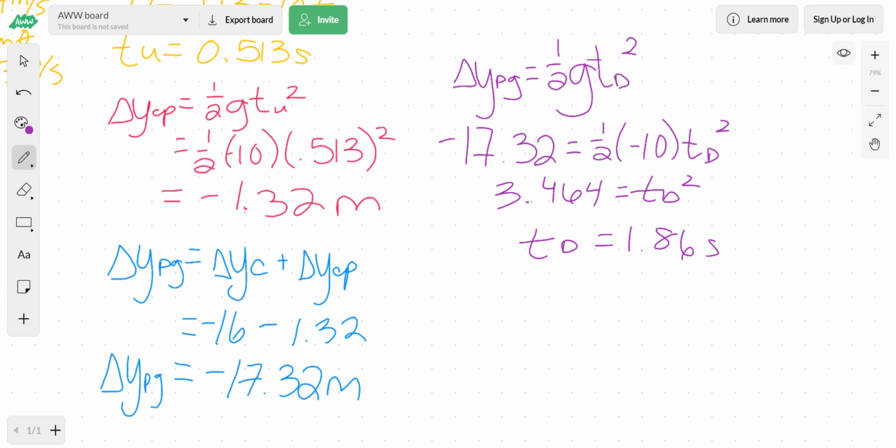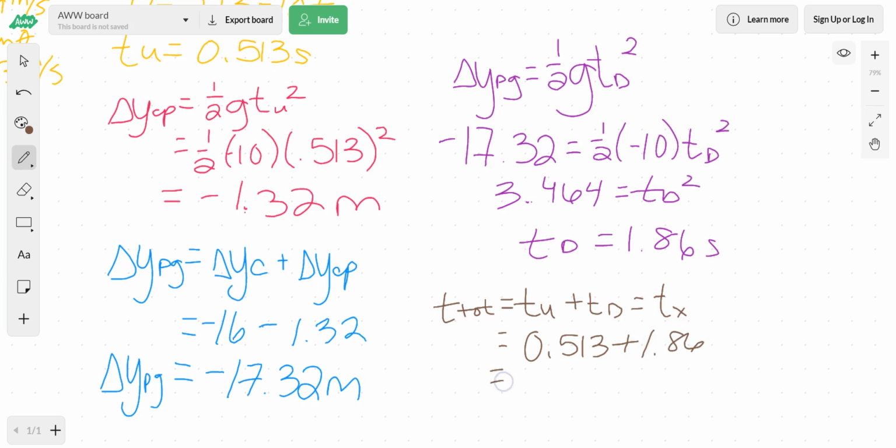So how long is it in the air? What is the total time? So the time total is the sum of time up plus time down. And the total time it's in the air is also the time that it's moving forward. So time total and time x are the same. So time up was 0.513. Time down was 1.86.